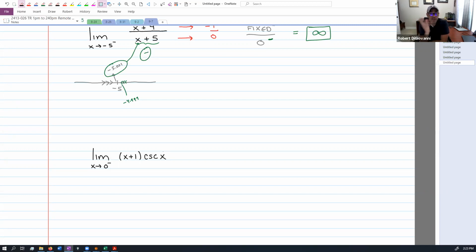All right, have not seen one of these yet. So let's look at this. X is headed to 0, right? So where is this headed? 1, right? That's headed to 1 times cosecant of x.